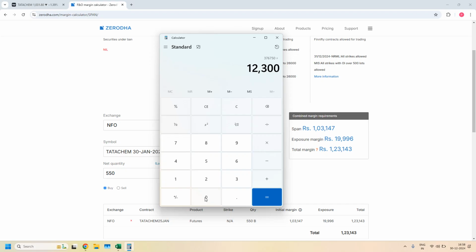Instead of 1,22,700 or 800, I am adding 1,23,000. Still we are getting 3% ROA. Definitely you would have got 3.1% ROA or 3.2% ROA if you would have reduced the margin value. But anyway, at least you got 1:3 RR in just 20 minutes. You got 3% ROA in 20 minutes.